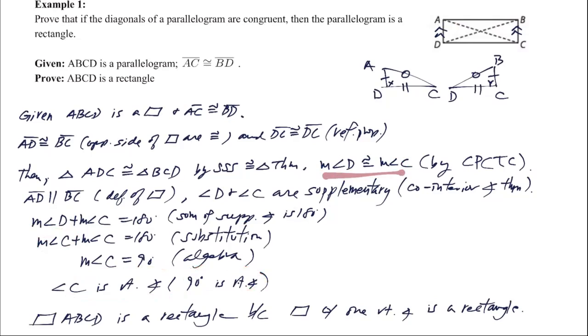And we know that from the previous theorem that ABCD must be a rectangle, because a parallelogram with one right angle is a rectangle, right? So that's why it's convenient to have that particular theorem.